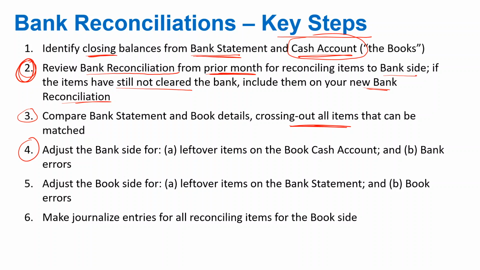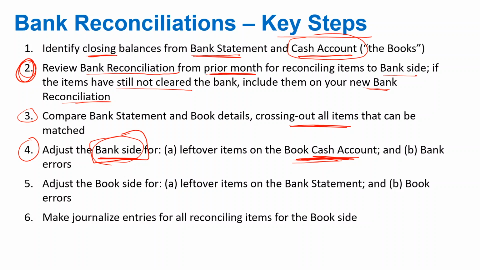Then you figure out what's left on both sides. So on the bank side of the bank rec, you're going to account for any leftover items that are on the book cash account. Because on the bank rec side, we're reconciling for any items not recorded through the bank yet, but that have been recorded through the books. So if it's on the book side and not crossed out, that means it hasn't gone through the bank, so we reconcile for it there.